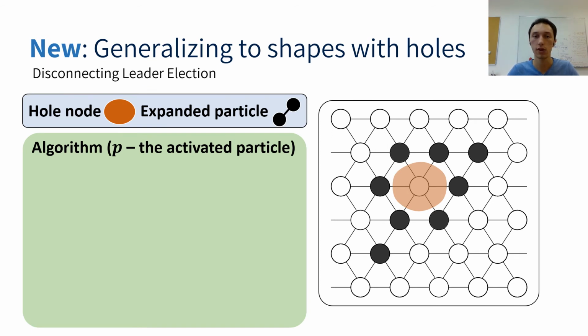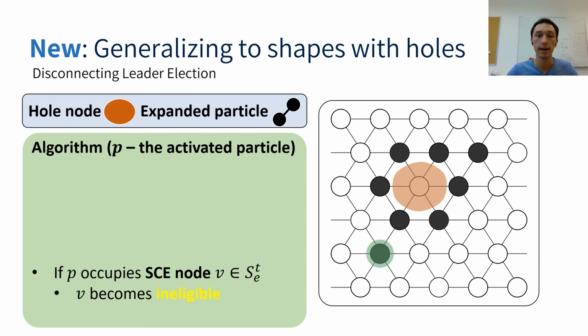Let us illustrate the differences with an execution on this shape with a hole. The first activated particle occupies an SCE node, which becomes ineligible. The second activated particle also occupies an SCE node. Note that in the previous algorithm this node was not SCE, but here it is since the hole node is eligible. So this node becomes ineligible and the particle expands into the adjacent hole node.